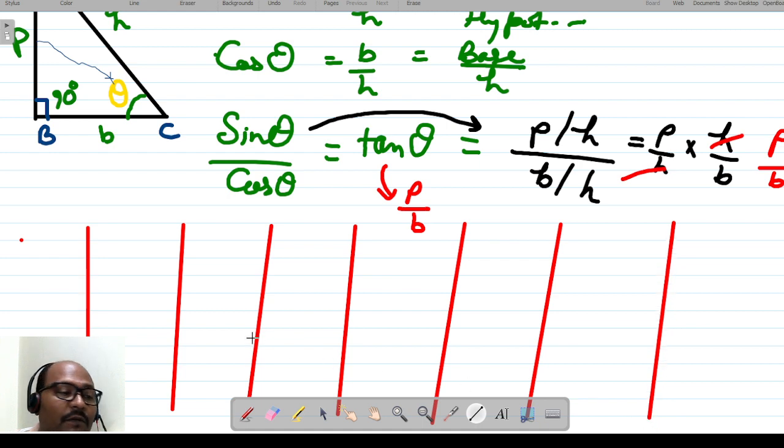The lines are not very horizontal, so don't worry for that. We'll cover it quickly, not taking too much time, so that you will have the basic concepts of this geometry and you can apply it in your further studies, right? So here you take sine theta, here cos theta, and here tan theta.